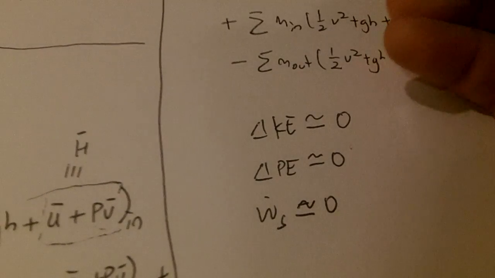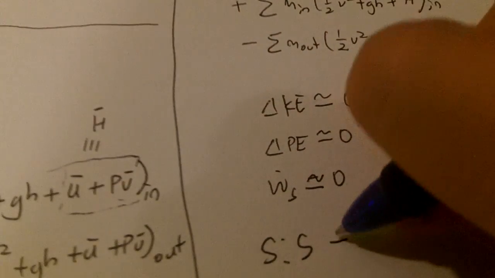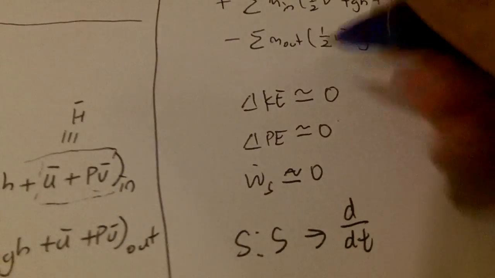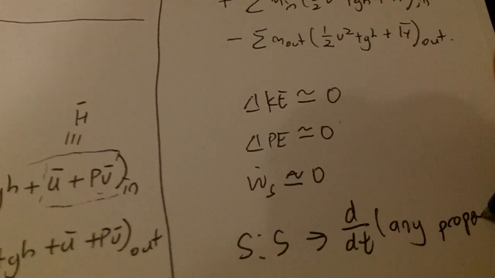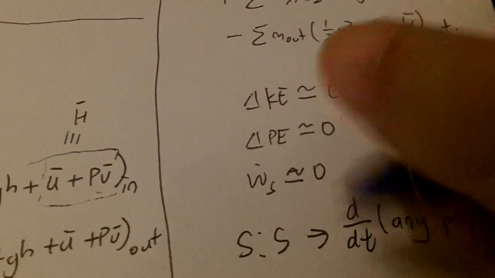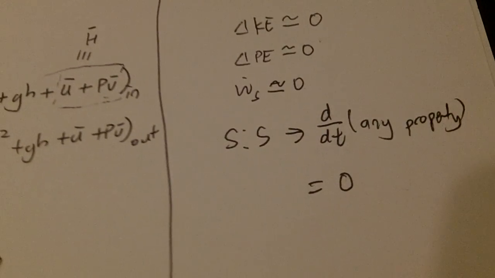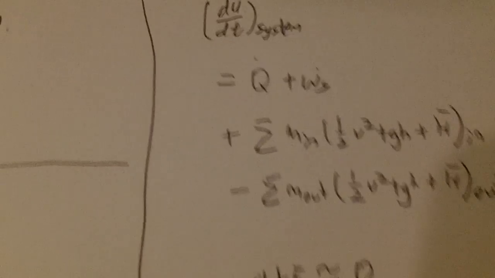You don't have to care about the shaft work. And let's say you have steady state. This implies any property of the system doesn't change with time. So that will certainly include the internal energy of the system.